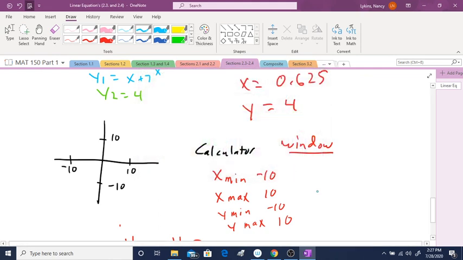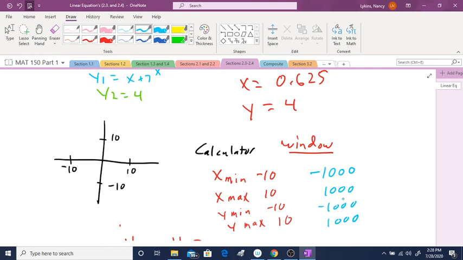It does not affect anything. So you may want to set them all to maybe -1000, +1000, -1000, and +1000, and just work your way. That just shows where the intersection point is. The greater the values, you need to use greater numbers for your min and max on both your X and your Y. I hope that explains it.